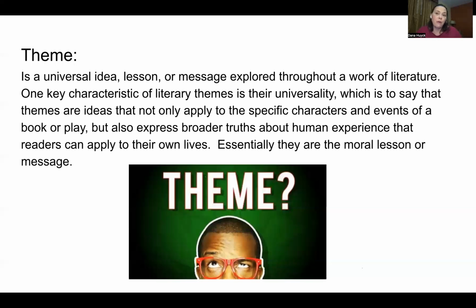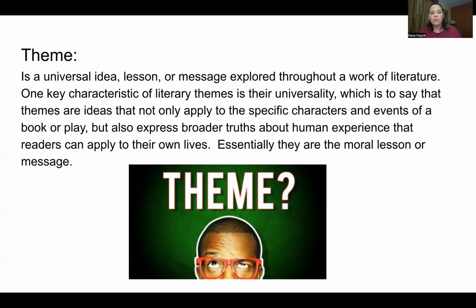So also in your writer's notebook, if you want to write down in your own words this definition of theme. Theme is a universal idea, lesson, or message explored throughout a work of literature. One key characteristic of literary themes is their universality, which is to say that themes are ideas that not only apply to the specific characters and events of a book or a play, but also express broader truths about human experience that readers can apply to their own lives.